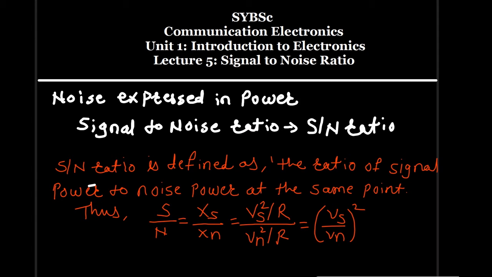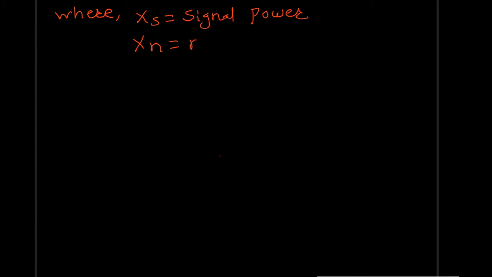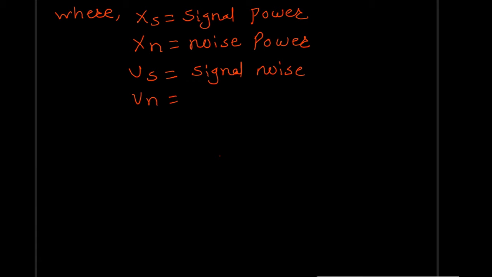Here Xs is signal power, Xn is noise power, Vs is signal voltage, and Vn is noise voltage.